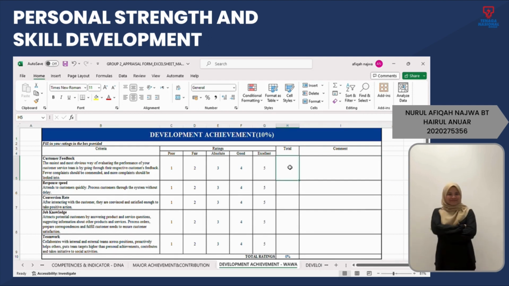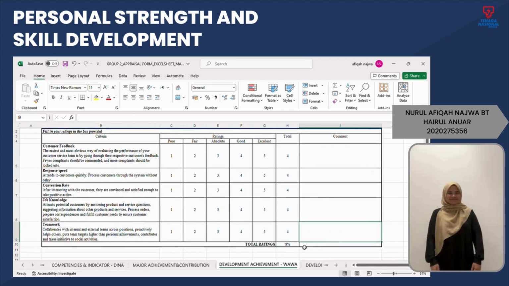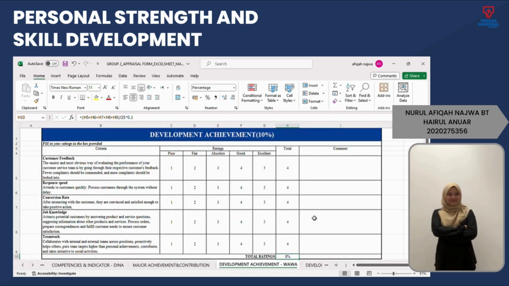For example, we put 4 for each criterion, and then this is auto calculated with a formula here: the total of criteria divided by 25 multiplied by 10%. So we will get 8% from 10%. So that's all from me.